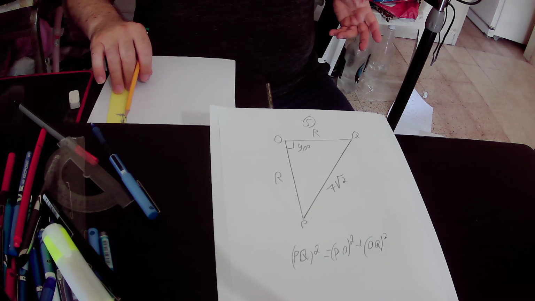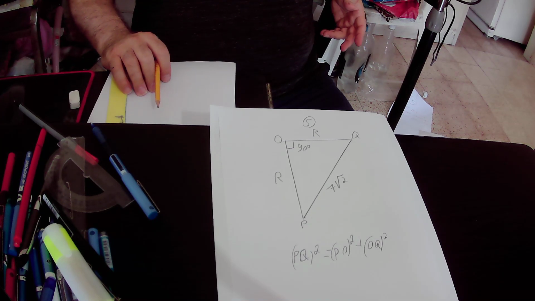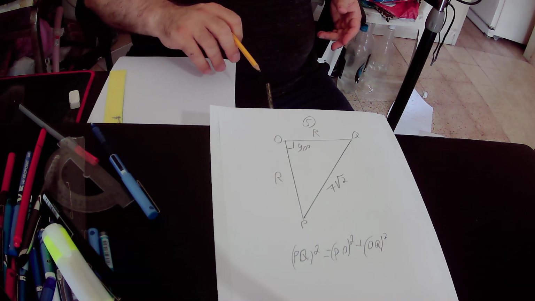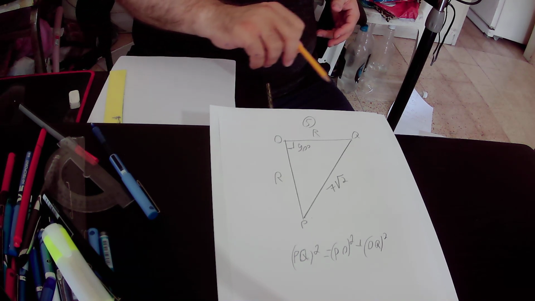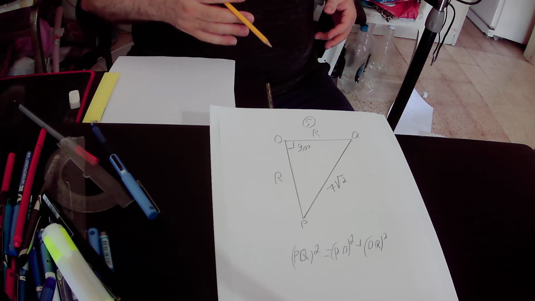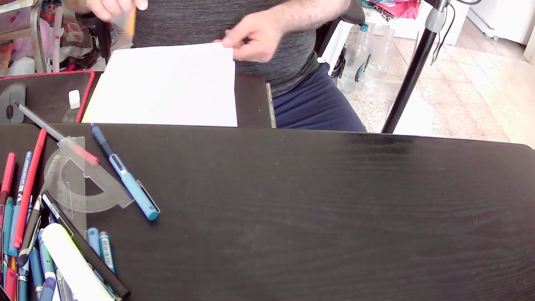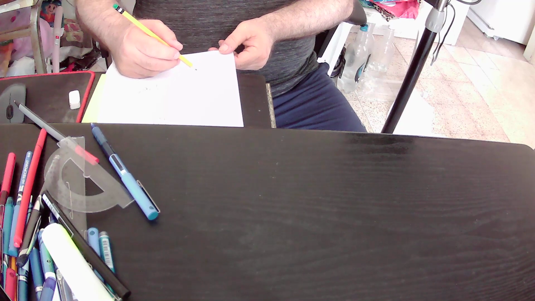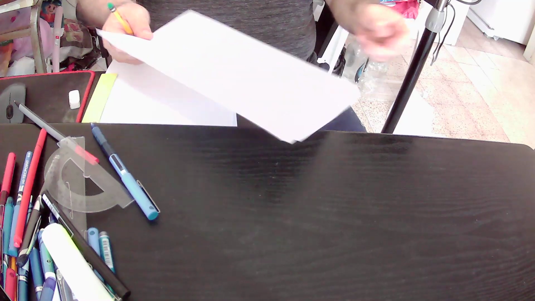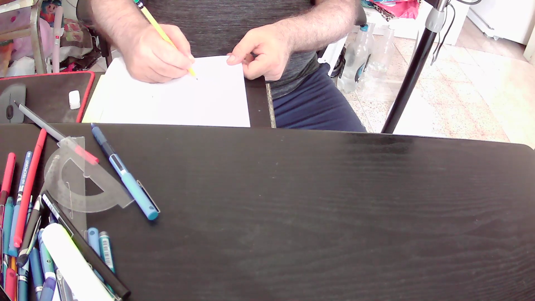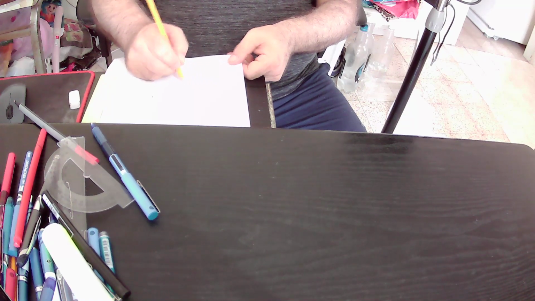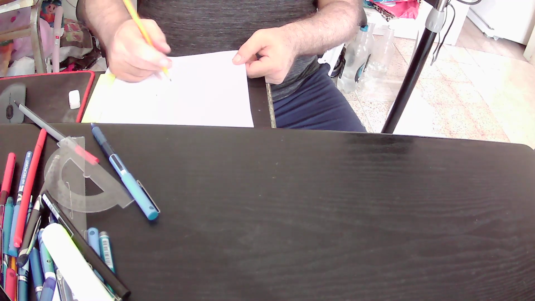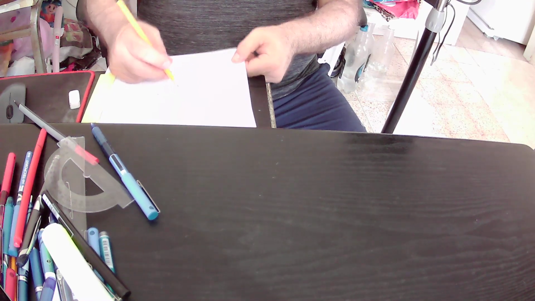But we know that PO equals R, OQ equals R, and also PQ equals 7 times root 2. So we can put the data in the equation. Instead of PQ, I will put 7 times root 2. So it is 7 times root 2 square equals PO square.